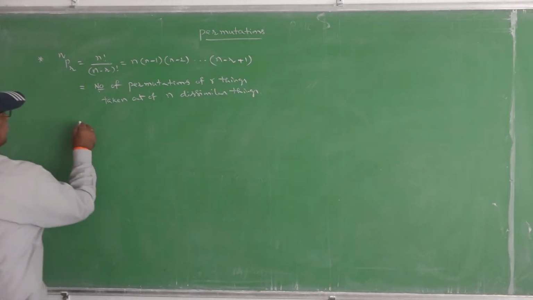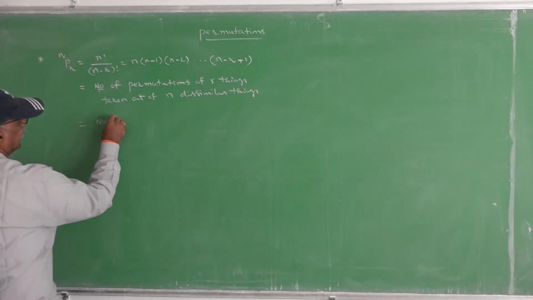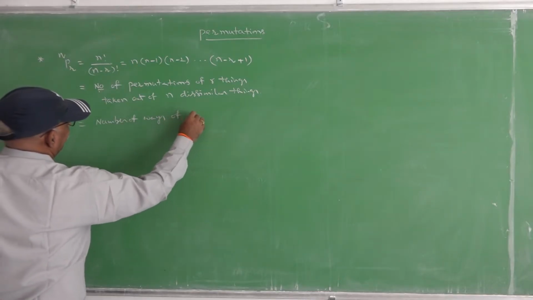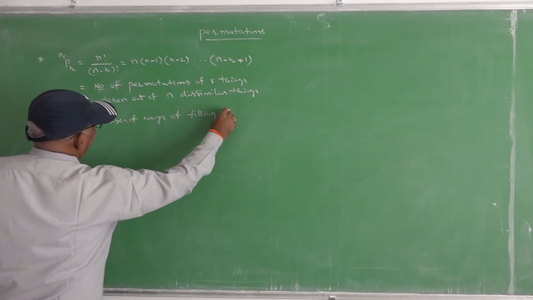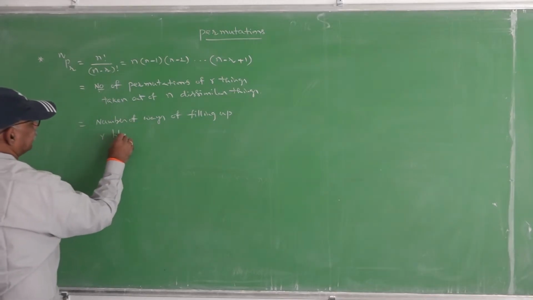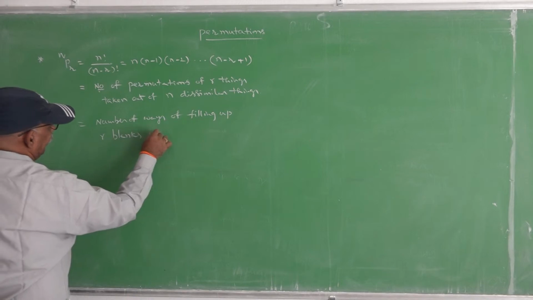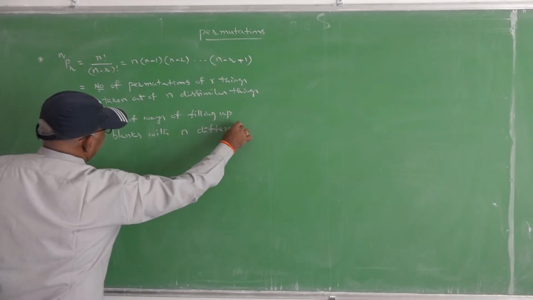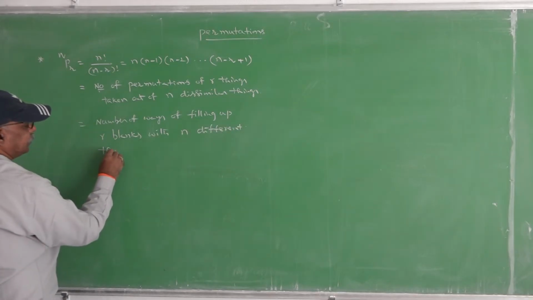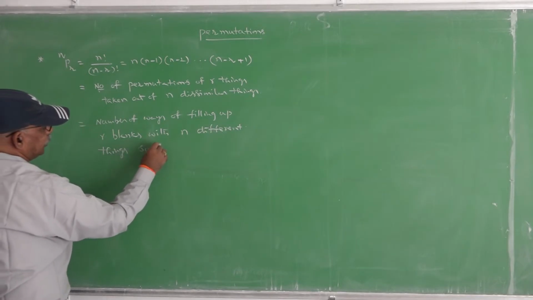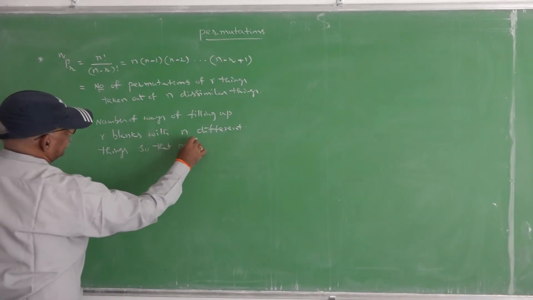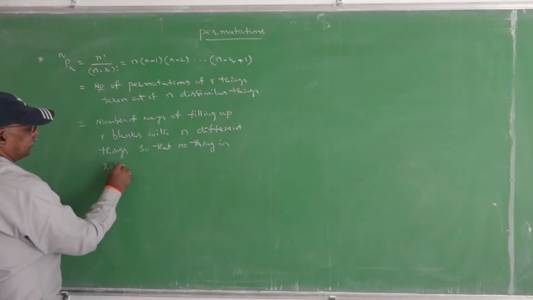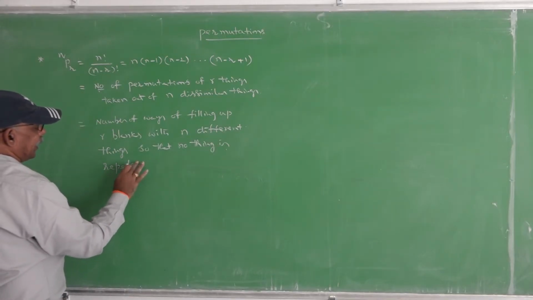Which is nothing but the number of ways of filling up r blanks with n different things, so that nothing is repeated.